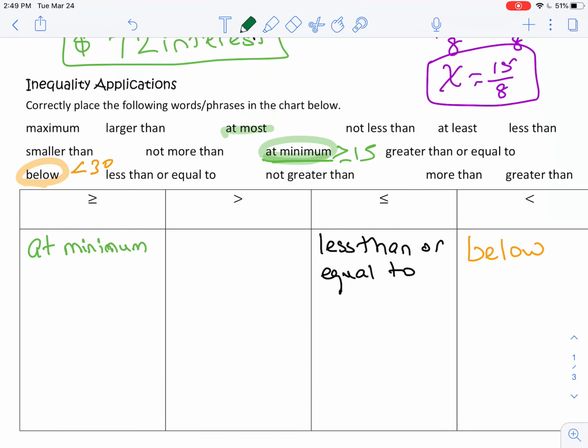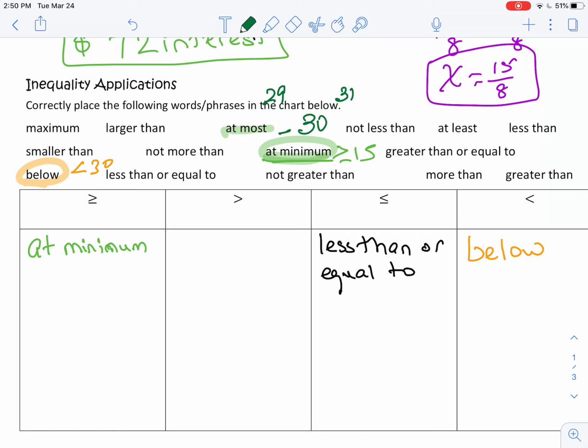Let's do at most. Let's say at most it can be 30 degrees. So if it's at most 30 degrees, are we okay with it if it is 30 degrees? Yep. Does that mean it's okay if it's 31 degrees or if it's 29 degrees?